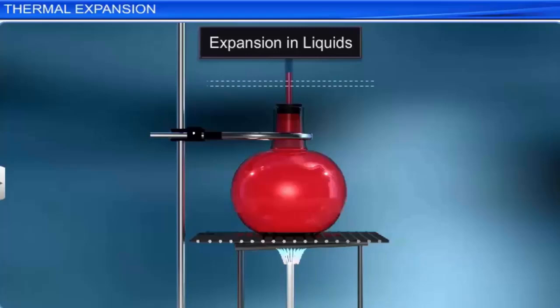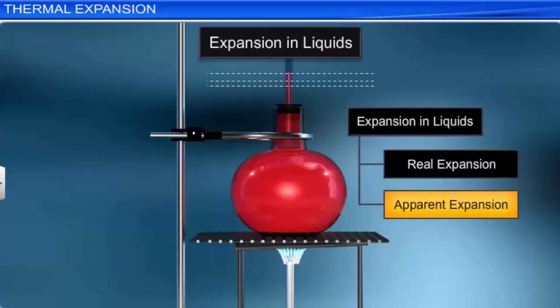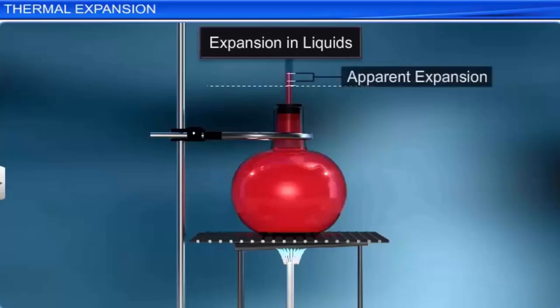Hence, for liquids, we have two categories of expansions, namely real and apparent. The apparent expansion of a liquid is the expansion that appears. The apparent expansion of the liquid is equal to the real expansion of the liquid minus expansion of the container.